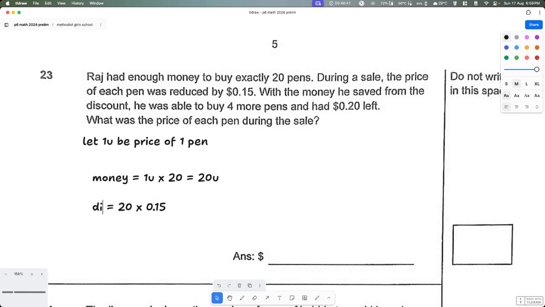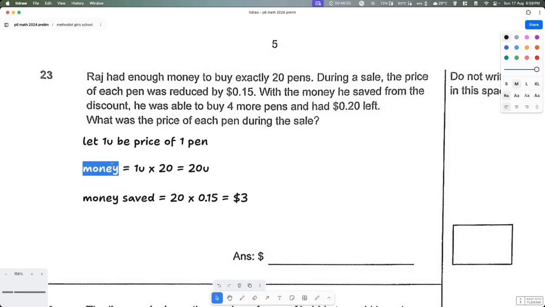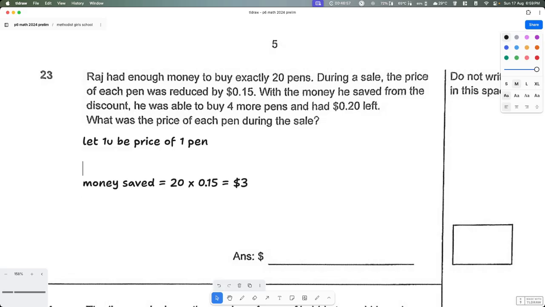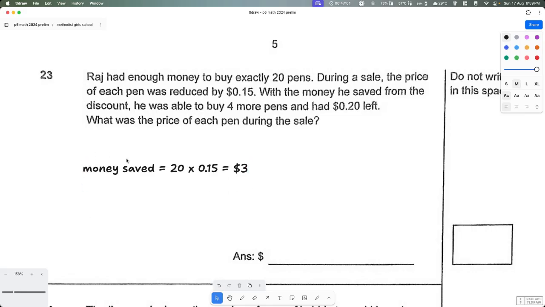Yeah, discount. It's equal to $3. Okay, so the money saved is $3. He was able to buy 4 more pens. Actually, I don't need to use 1 unit. It doesn't really matter. But yeah, so money saved is $3.